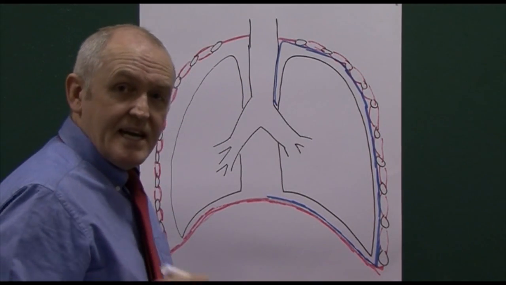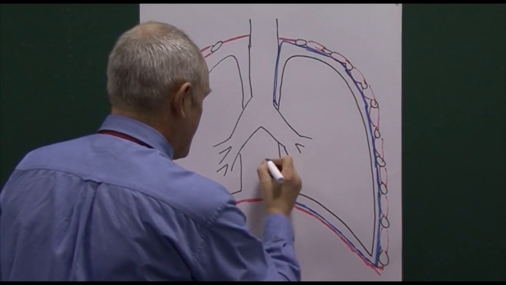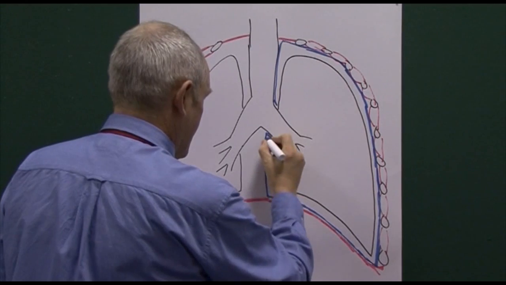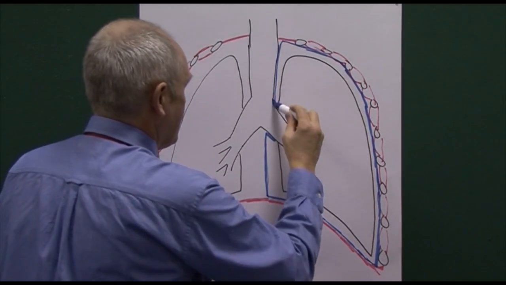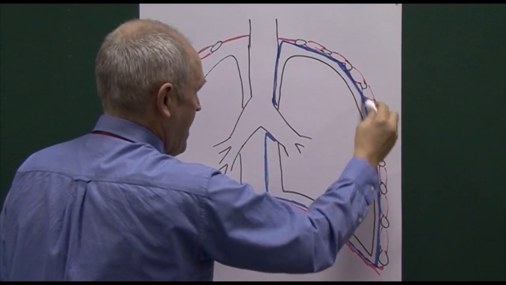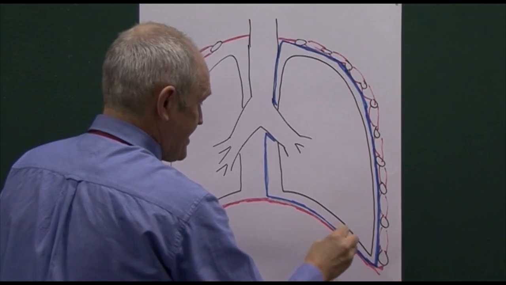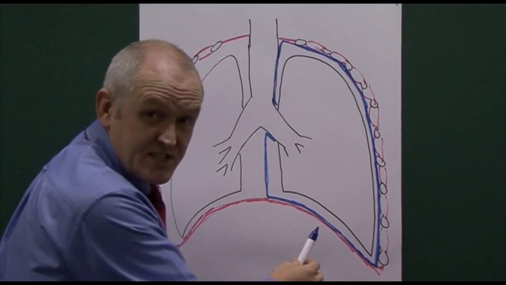And each lung is in its own pleural membrane. So that is one pleural membrane, the parietal pleural. And it's physically attached to these structures. It's physically attached to the diaphragm.